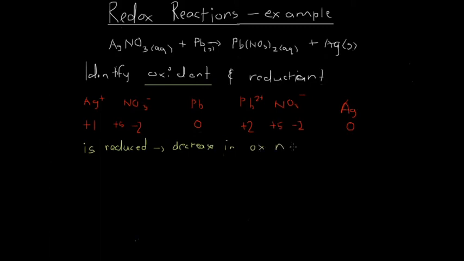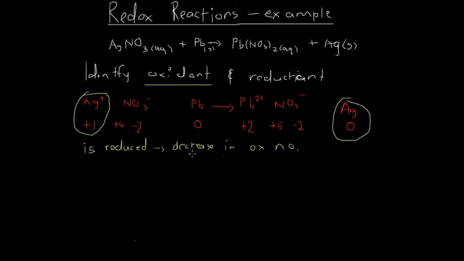We know that this is the middle of the chemical equation here. Here silver has an oxidation number of +1, and here it has an oxidation number of 0. So that's a decrease, and therefore we know that silver is reduced.